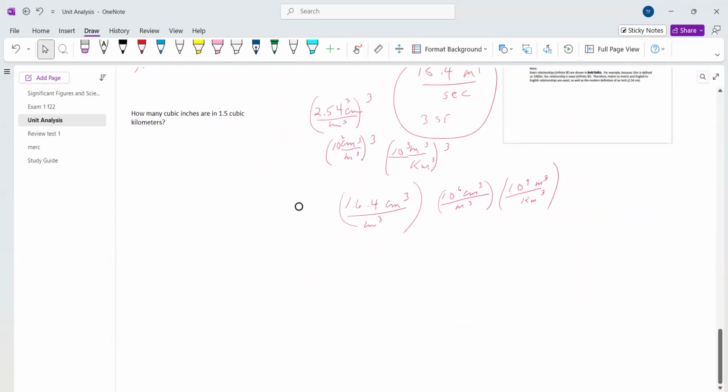Okay, we're starting with 1.5 cubic kilometers.